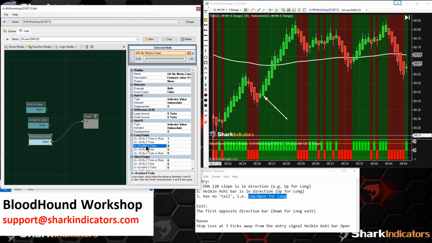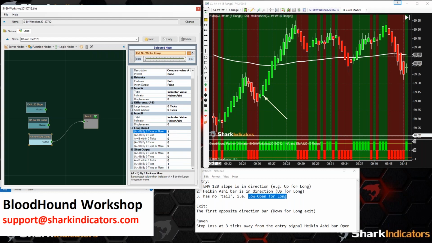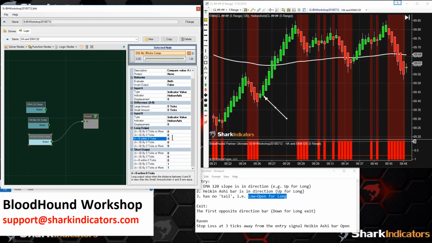So for the outputs, we're going to use this A equals B. So I'm going to set that to 0. Set that to 1. And same thing for the short outputs. I'm going to use the A equals B, right? Because A is going to be either the Heiken Ashi low price or the Heiken Ashi high price.